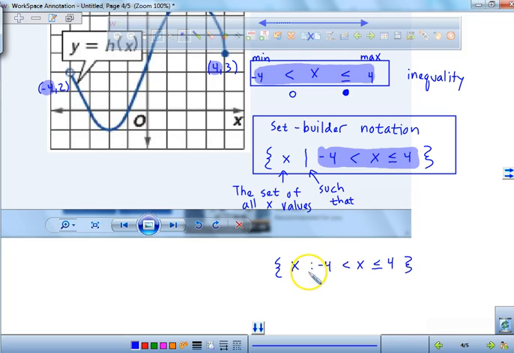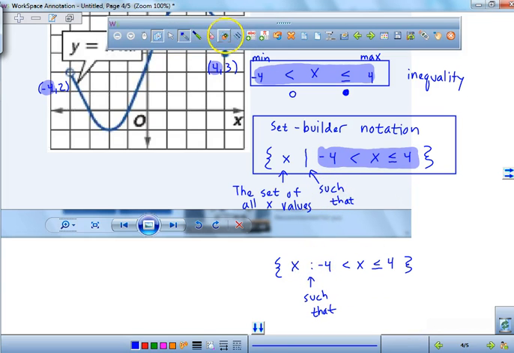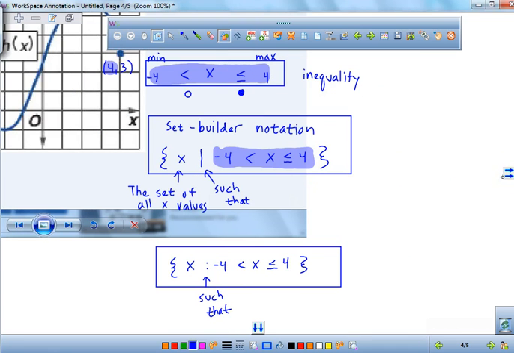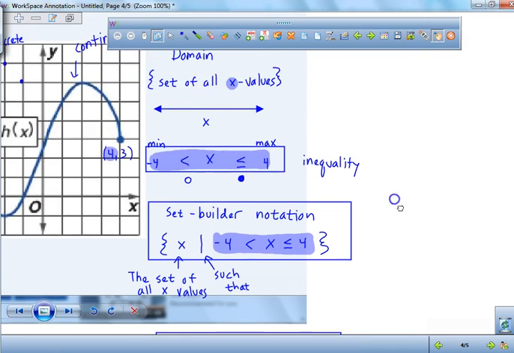The colon also means such that. So the vertical line means such that, and the colon means such that. But both are technically in what type of notation? Set builder notation.